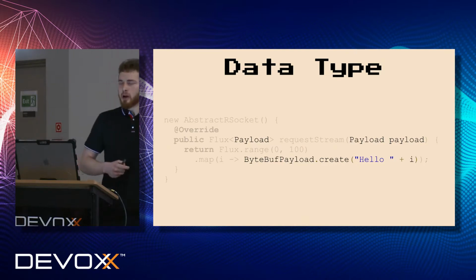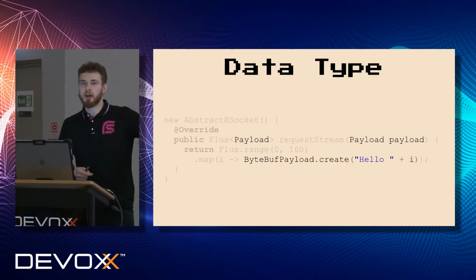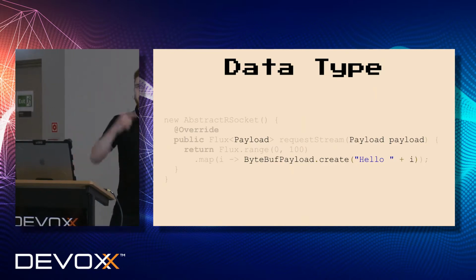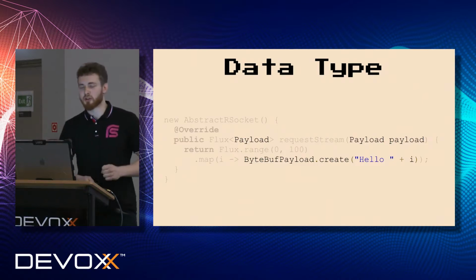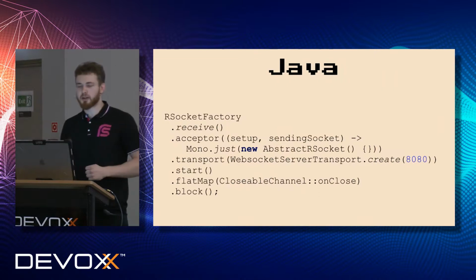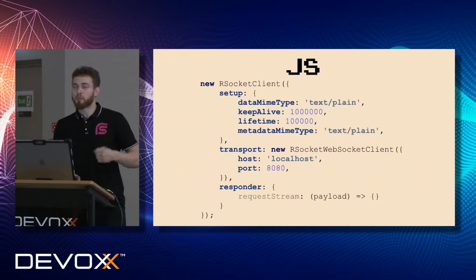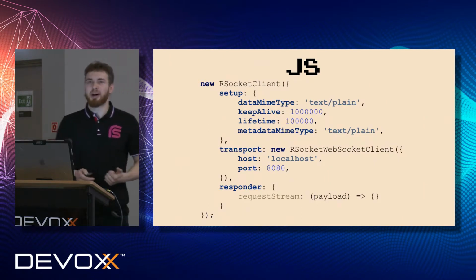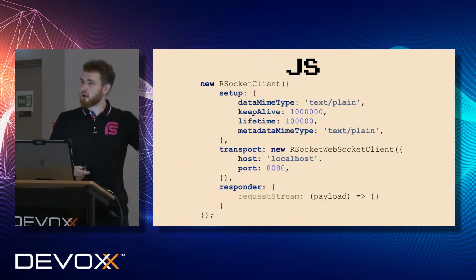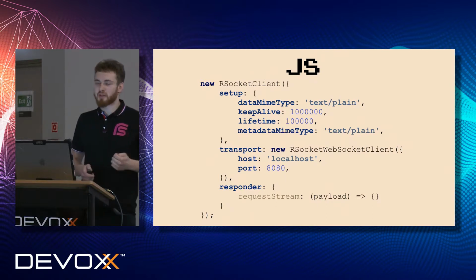There is ByteBuffer payload. This is taken from Netty, which means you can have direct access to your memory and do zero-copy message sending in your application. The whole Java application could look like this, but moreover, you can build almost the same client on the JavaScript side with the same API, without changing almost anything.